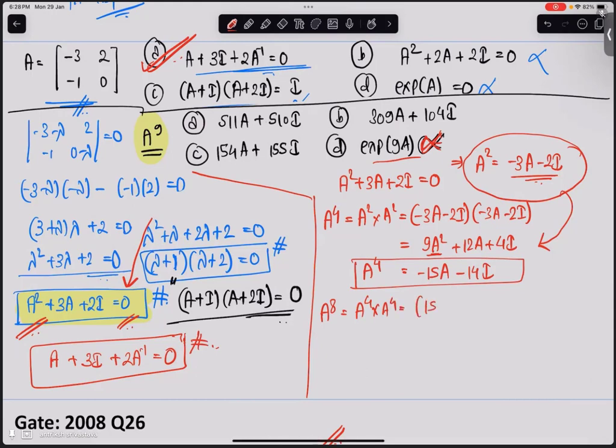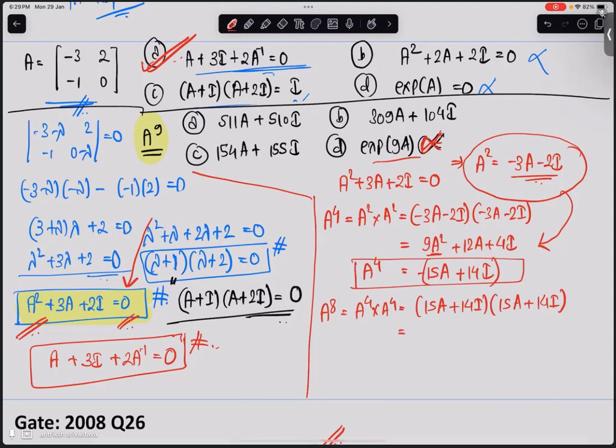So I'm going to remove this minus sign because it is going to come in both of these. I hope you can follow this because we are going to multiply this again, right? So if you take minus common here, you will have minus minus and you can remove that minus sign from here.